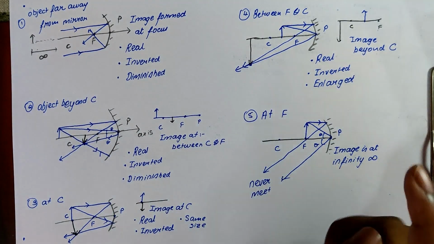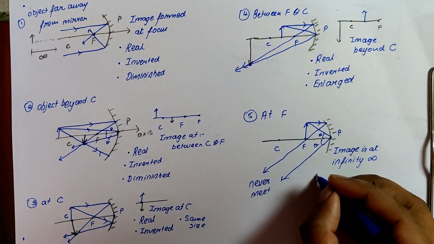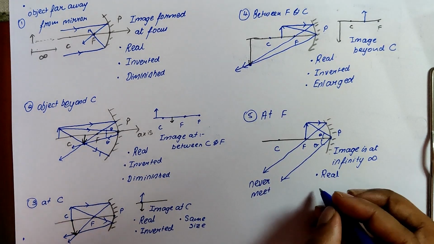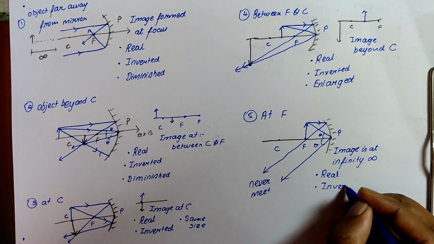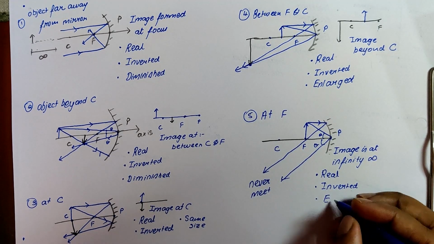Which means it never meets, it's going to infinity. And we can safely assume that it's real, right? And then we can say it's inverted and it's enlarged.